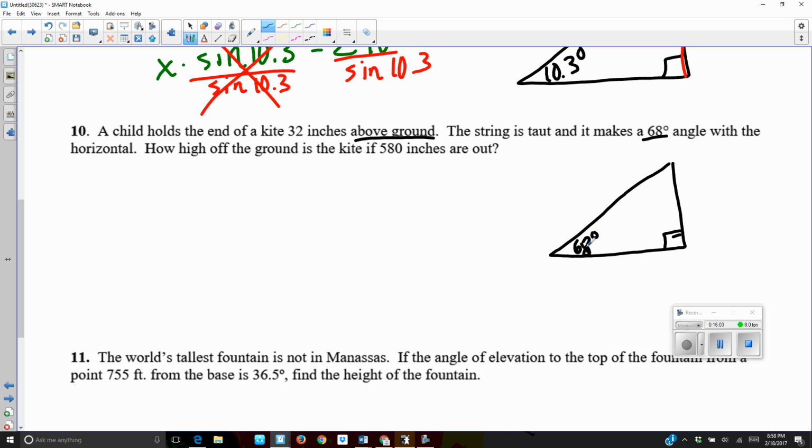The only difference is that the angle isn't made off the ground. It's made from the point the child is holding the kite. So we have to picture this as a child holding the kite string. Let me draw my child a little bit closer to where the string starts.